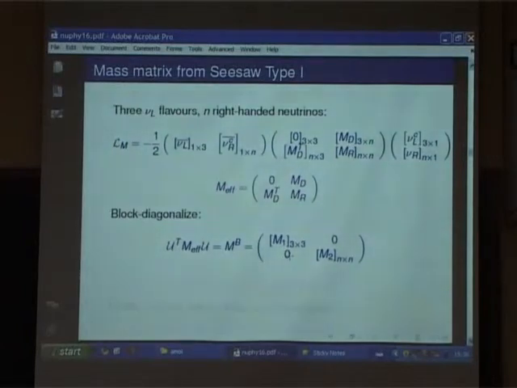And then what we actually measure at experiments are properties of M1, because M2 are very heavy, so they have masses of some 10 power 10 kg or so. You will never see them. So after block diagonalization, we see M1, and M1 is what we are going to observe. So in the context of Seesaw, when I say we look at the neutrino mass matrix, we look at M1.